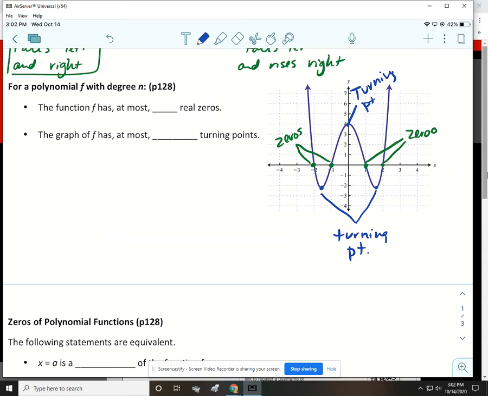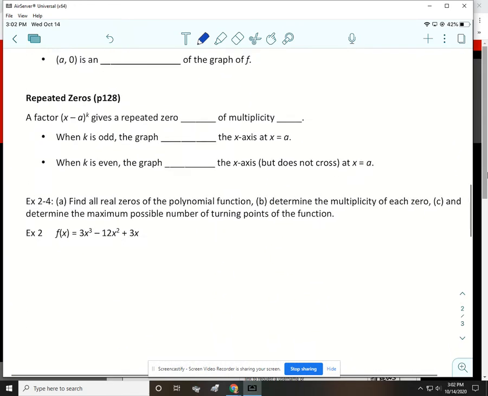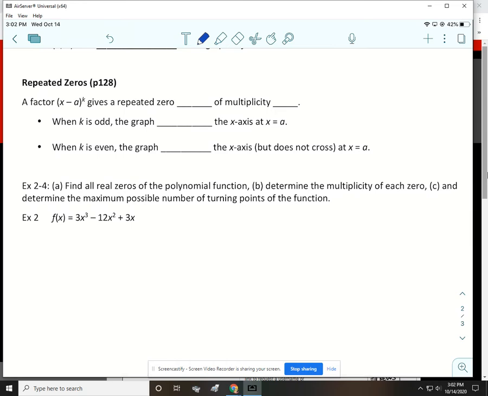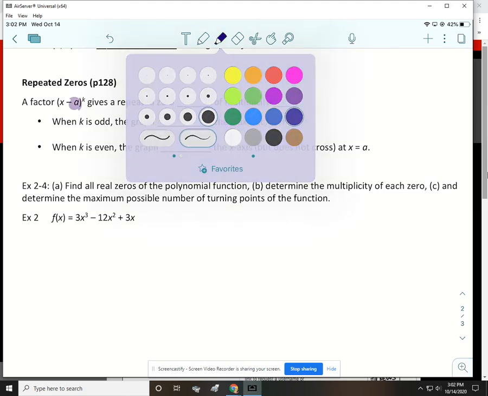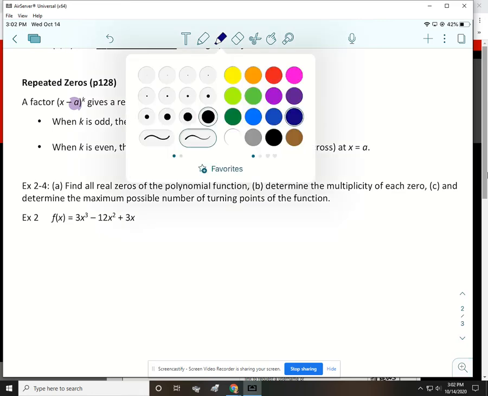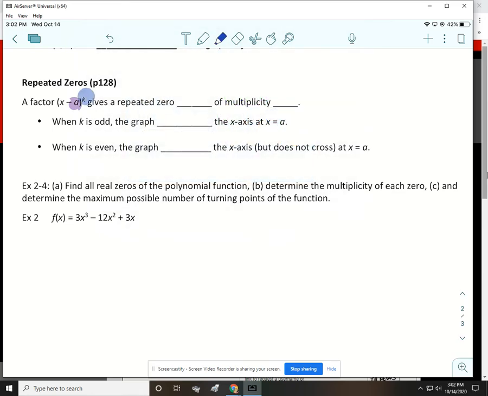So those blanks you filled in about zeros and turning points, that's what they're talking about on the polynomial functions. Now, multiplicity tends to be something students struggle with a little bit, but what's inside the parentheses is what gives you the zero, and then the power, or the number of times that it's repeated, is what gives you the multiplicity. So try to keep that in mind.